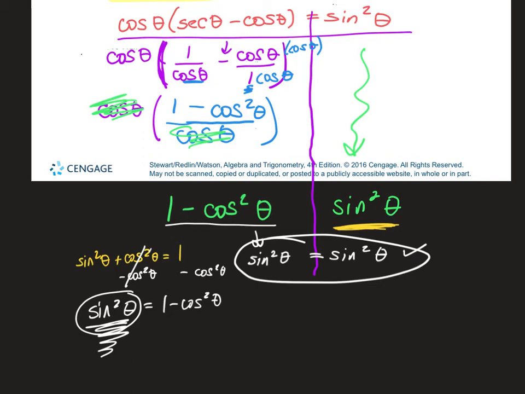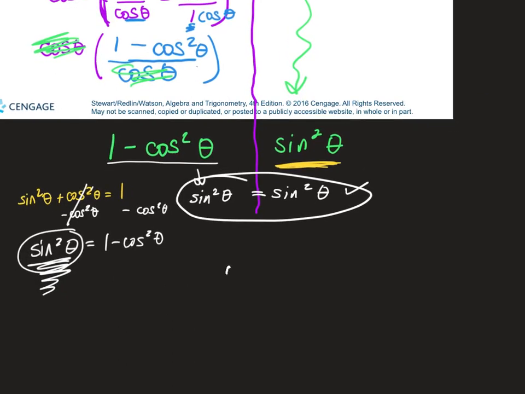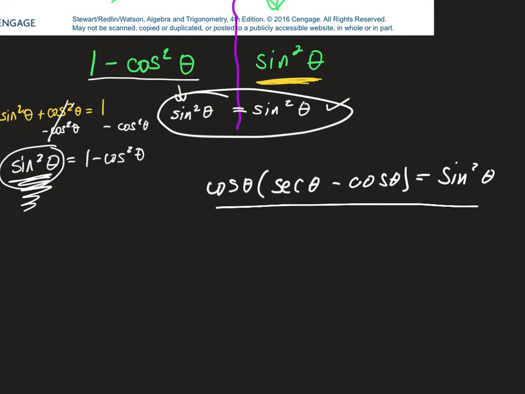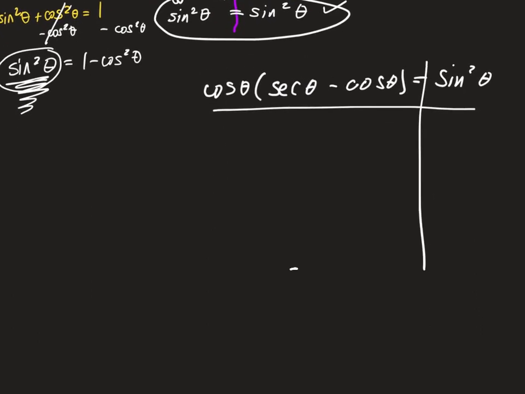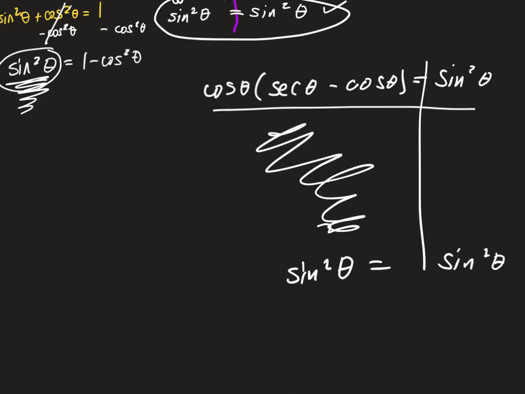Some of you, this is going to click. Some of you, it's not going to, but let me explain something to you. You can't write down the problem, cosine theta times secant theta minus cosine theta equals sine squared theta, and then go, okay, I know at the end it's supposed to say sine squared theta equals sine squared theta, and then just write a whole bunch of nonsense in here from your identities and think, okay, she'll never know.